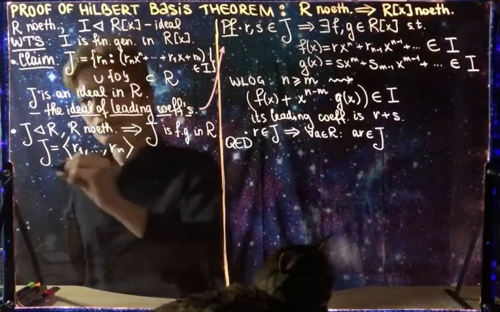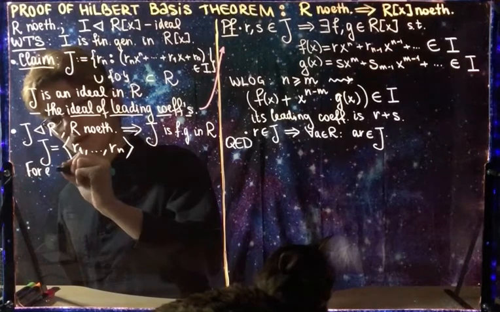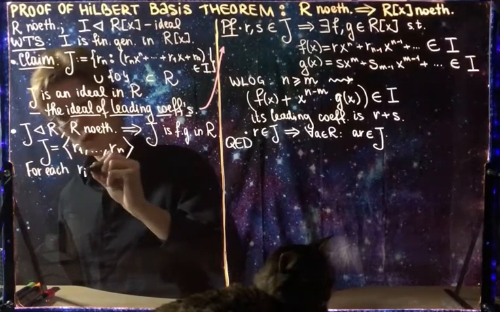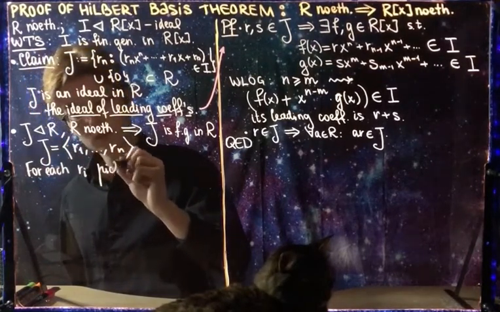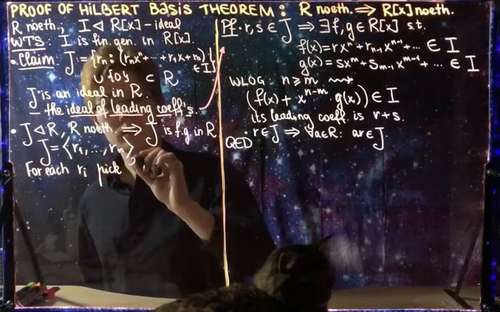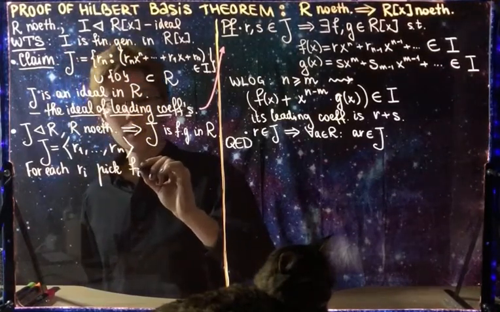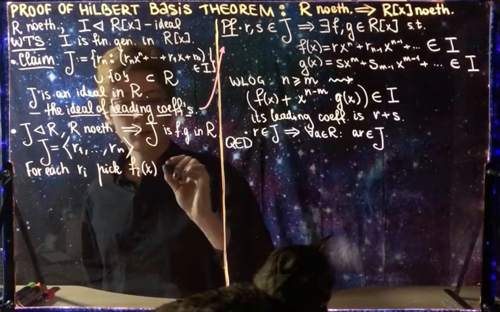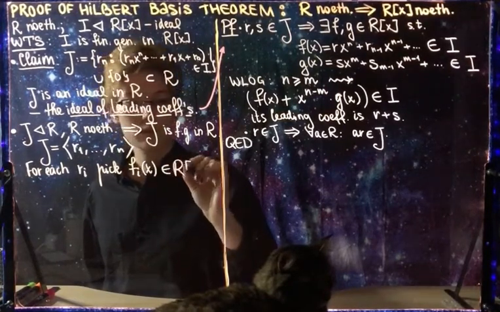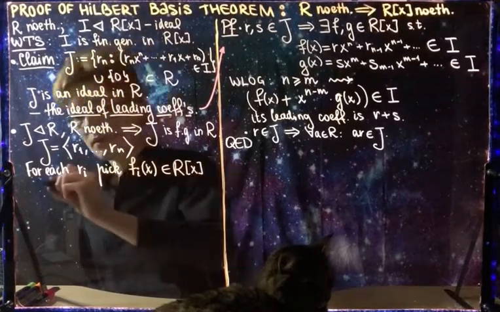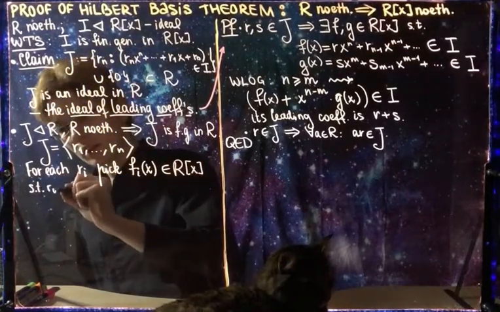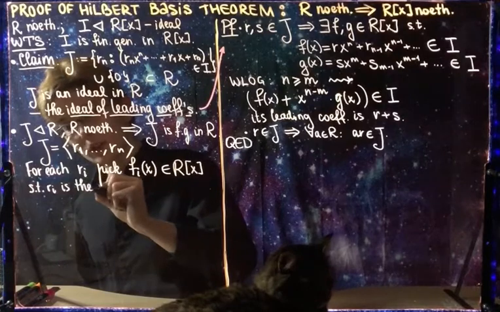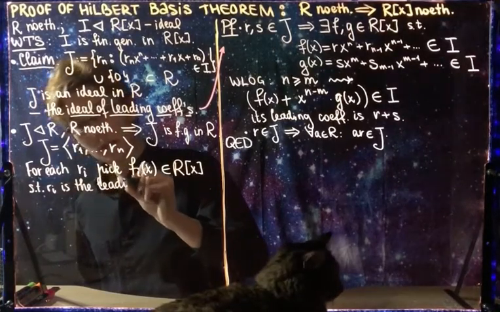And for each Ri, pick Fi, a polynomial in X, such that Ri is the leading coefficient of Fi.